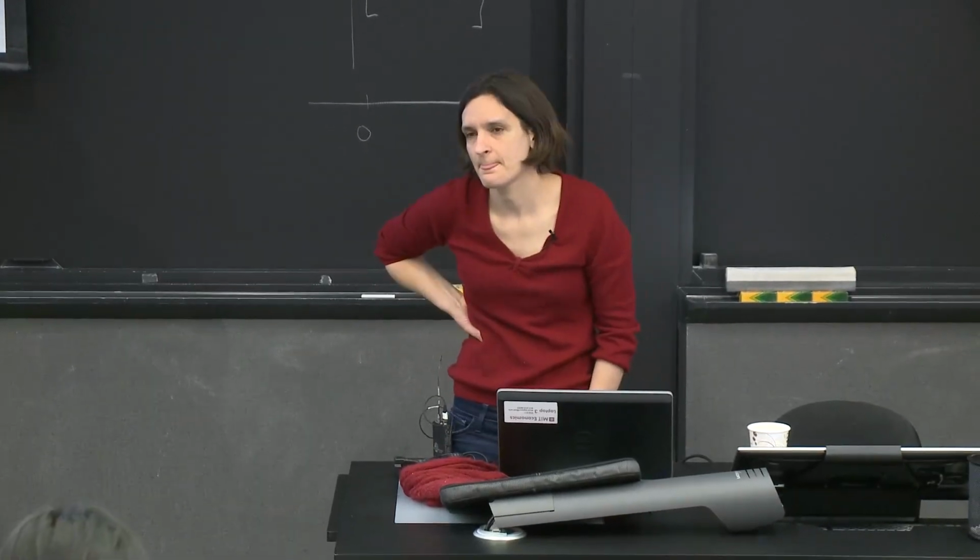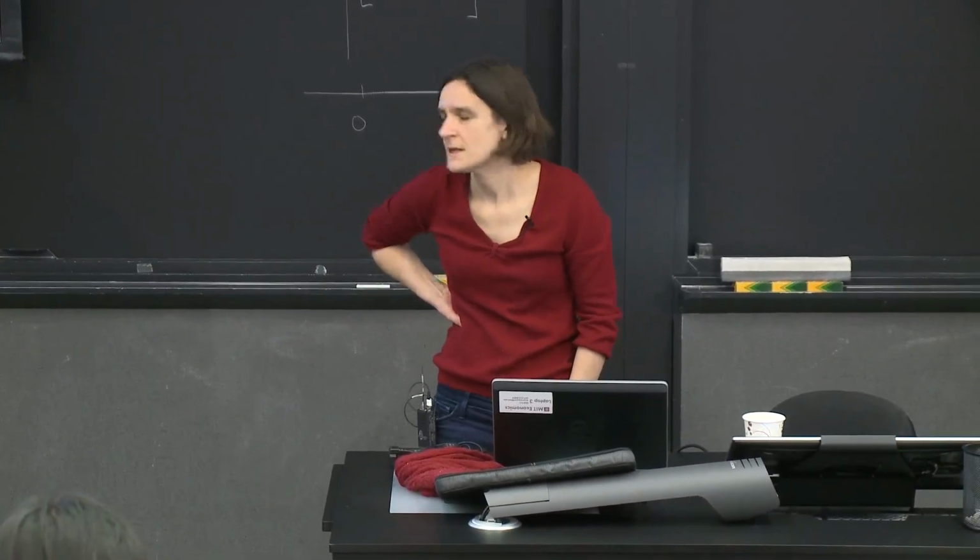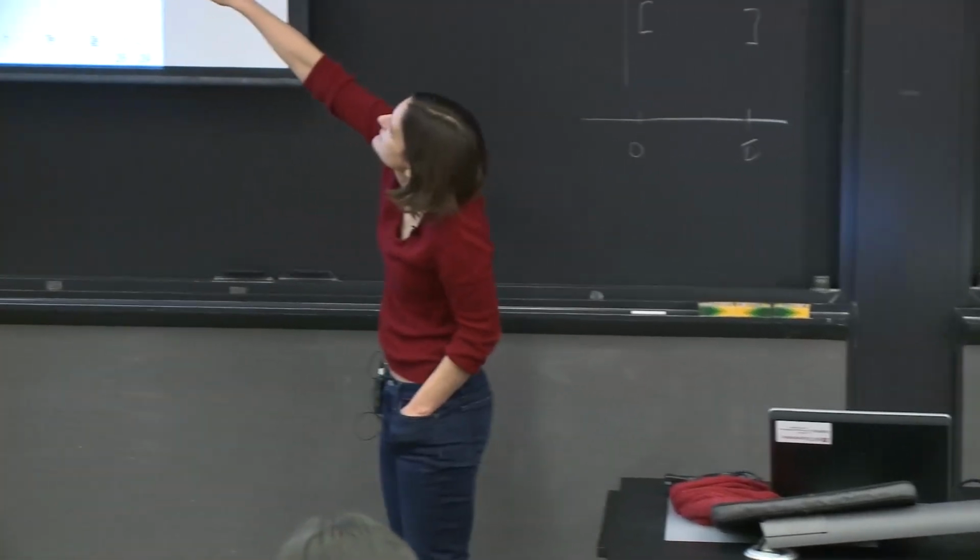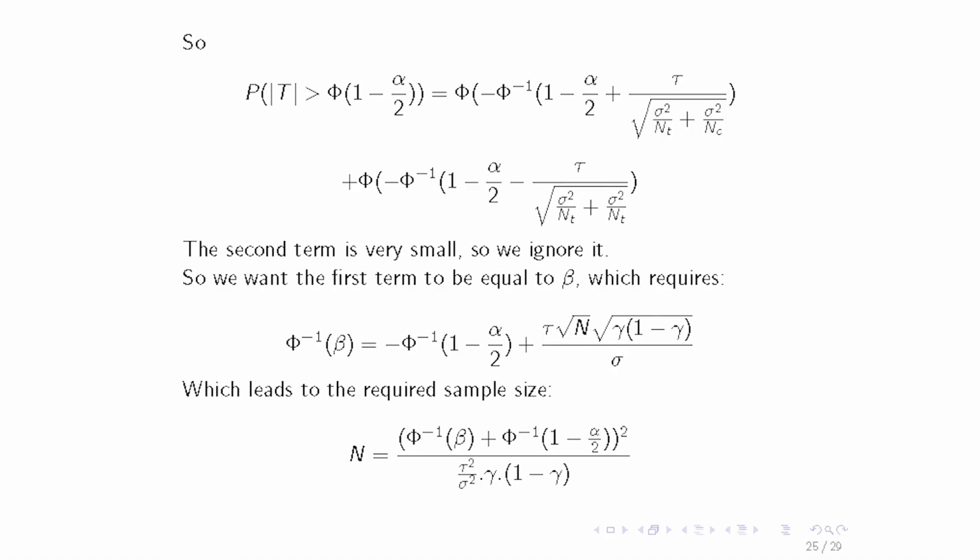I guess in the research there is a typo on N_T. The N_T here should be N_C. But the typo is not upstairs actually, so that's fine. So this second term you can ignore anyway, so don't worry about it. And there is no typo in the first term. So you can rearrange N_T and N_C as N_T is gamma times n, and N_C is 1 minus gamma times n. So that goes into rearranging that term.